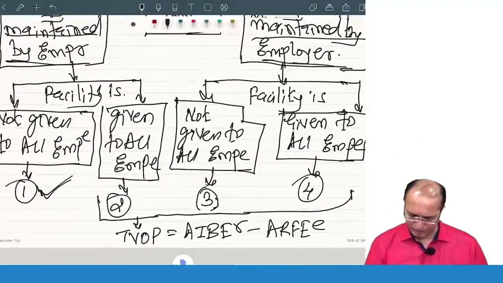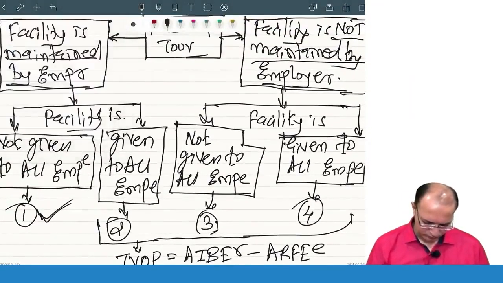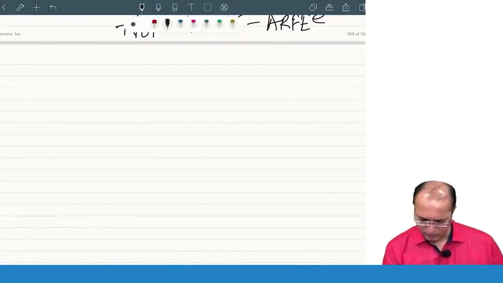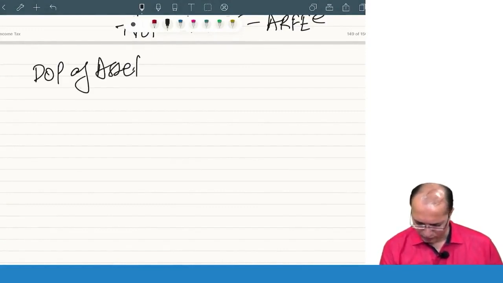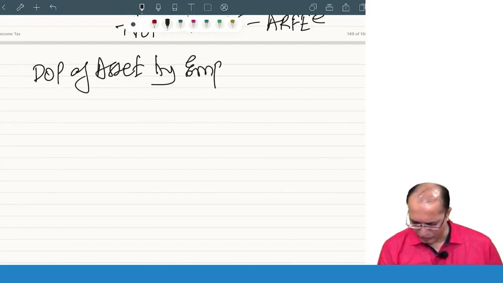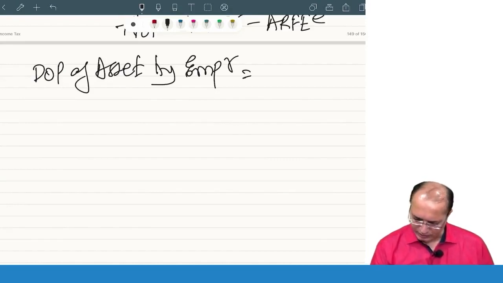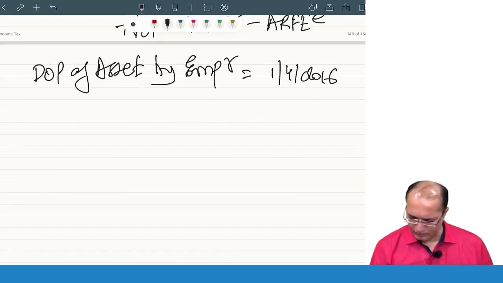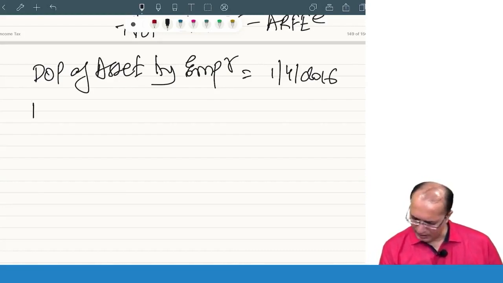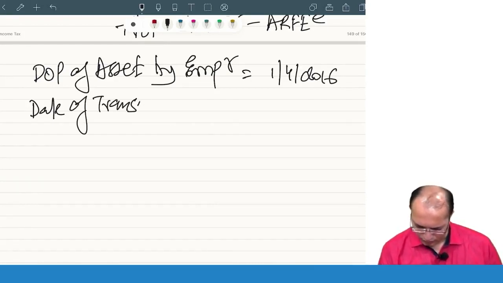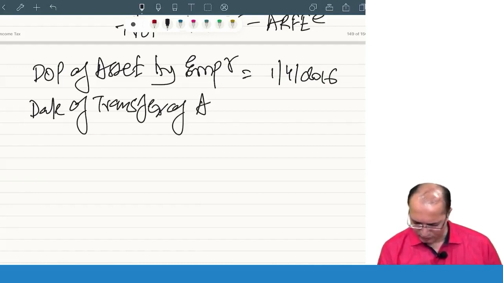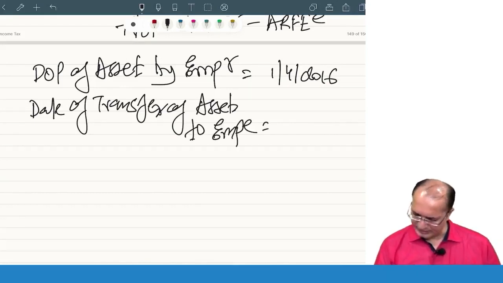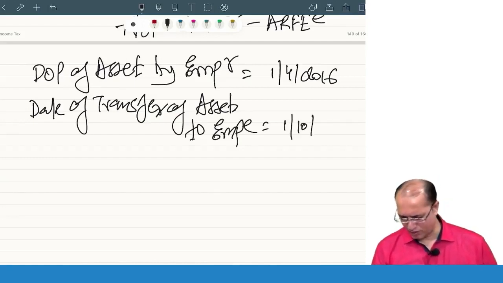For example, say the date of purchase of asset by employer is 1st April 2016 and the date of transfer of asset to employee is say 1st October 2020.